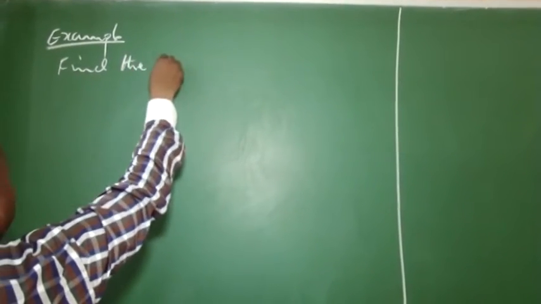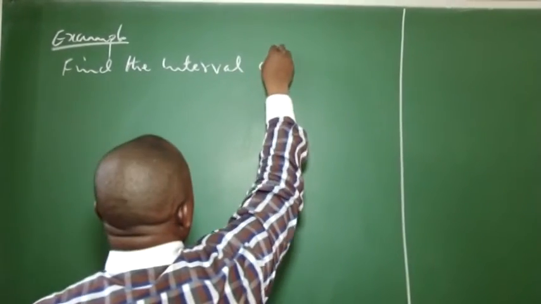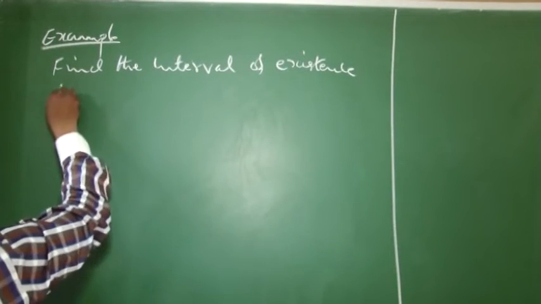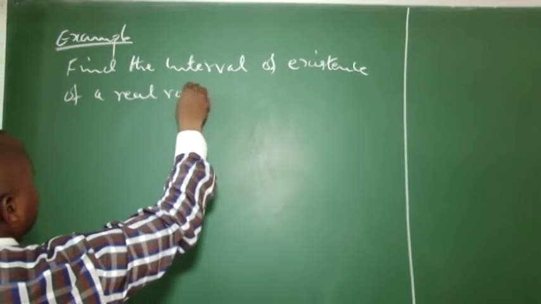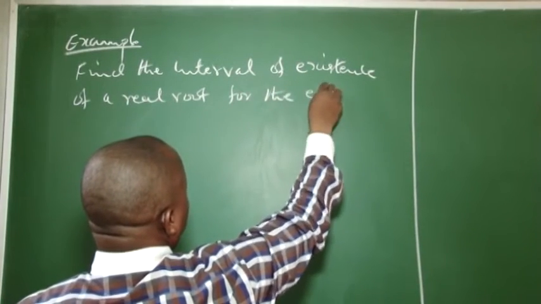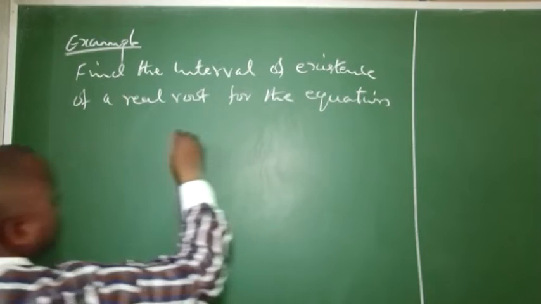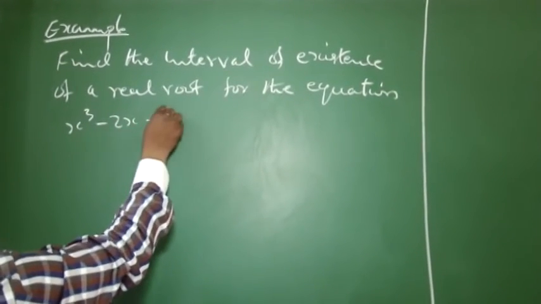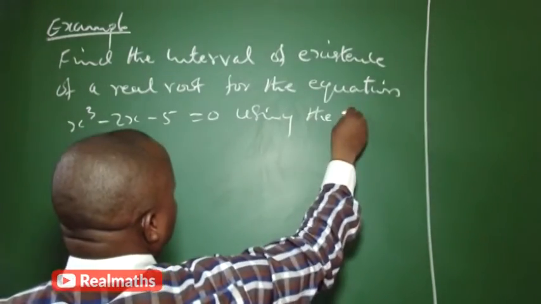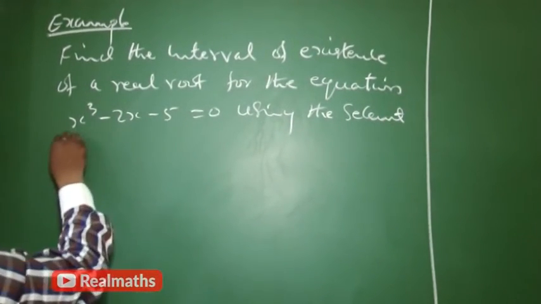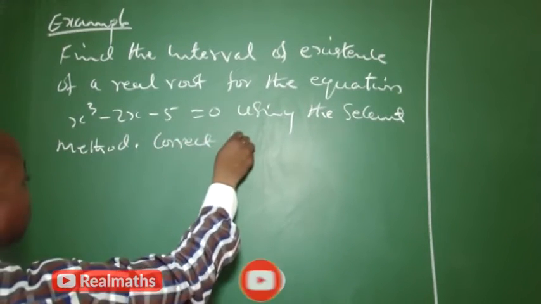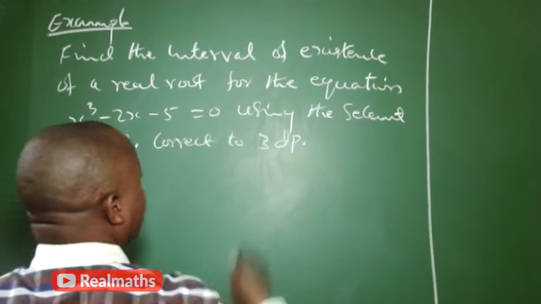Find the interval of existence of a real root for the equation x cubed minus 2x minus 5 equals 0 using the second method, correct to 3 decimal places.